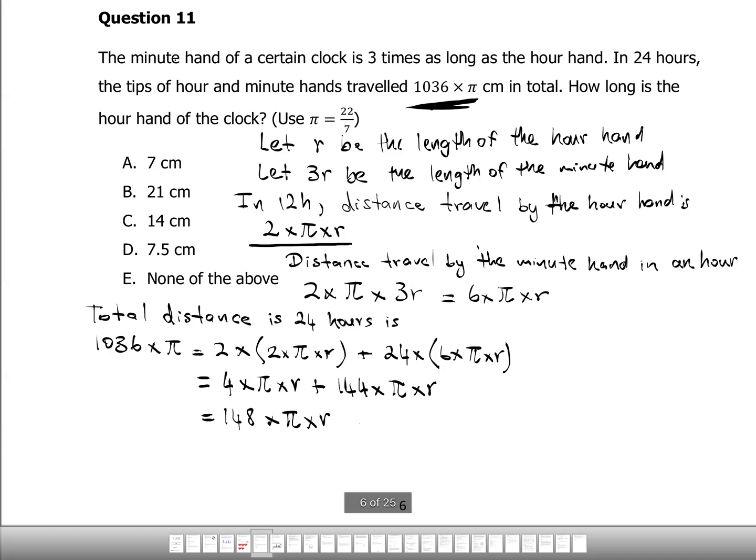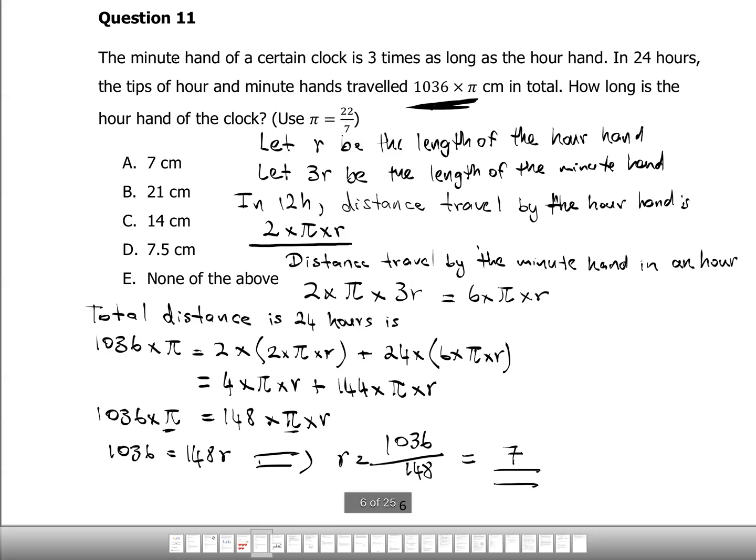And we know that 1036 times pi is equal to 148 times pi times r. If we take out the pi, it shows 1036 equals 148 r. So r equals 1036 over 148, which equals 7. So r is 7 centimeters. So our answer is A. Are there any questions?